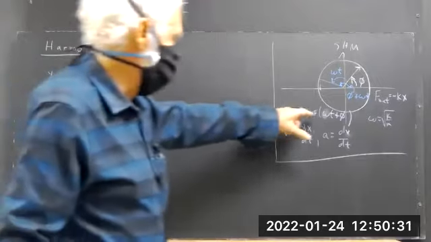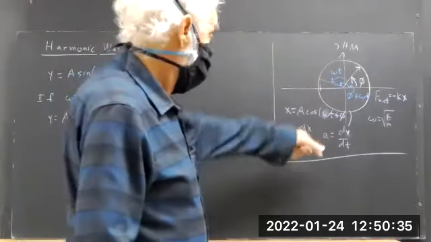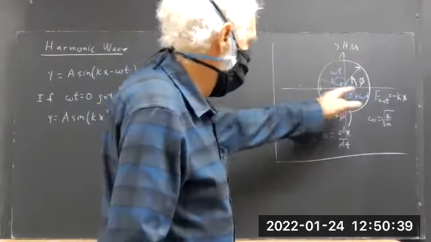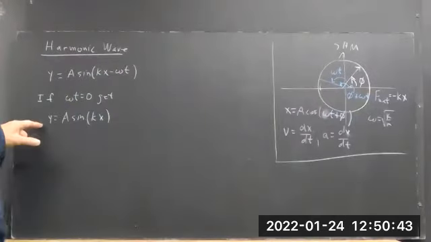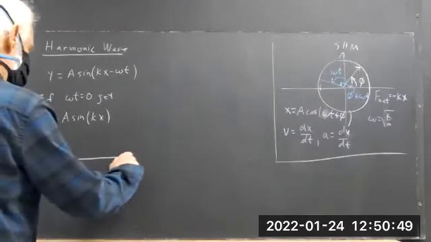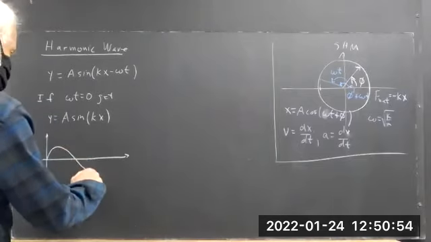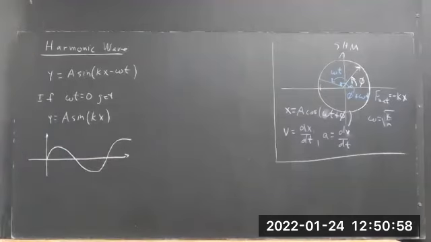I could have done this with the sine just as well as the cosine, because then that would be your motion along the y-axis instead of the x-axis. Okay. But anyhow, y equals a sine of kx. That's a graph. Looks something like this, right?